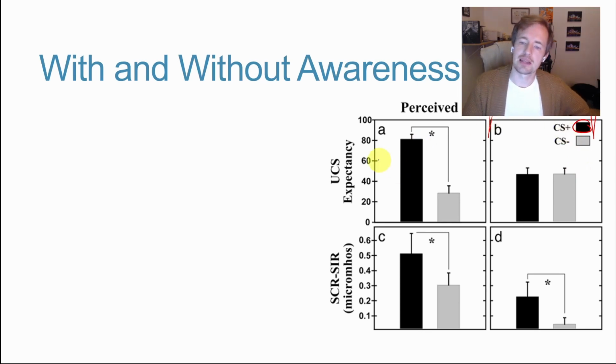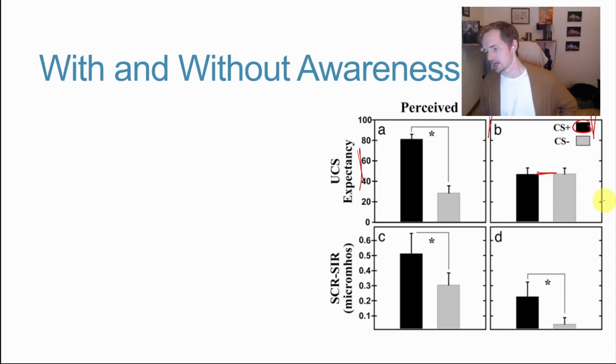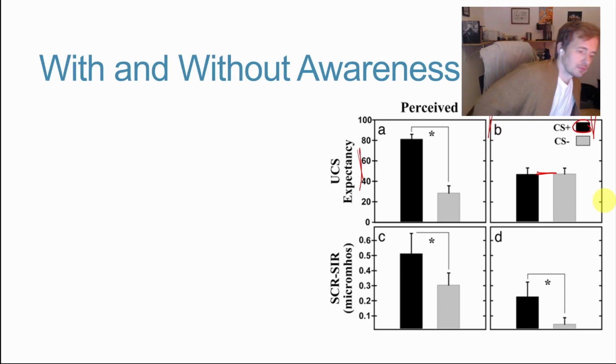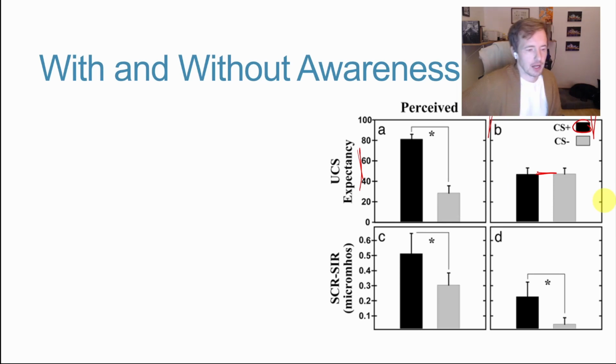And so we can see that in terms of expectancy, so how well they did the task, there's basically no difference between these two. It wouldn't matter if somebody could predict it or not, if they were conscious of it. And then when we're talking about the skin conductance response, we're talking about physiologically how tense they are.